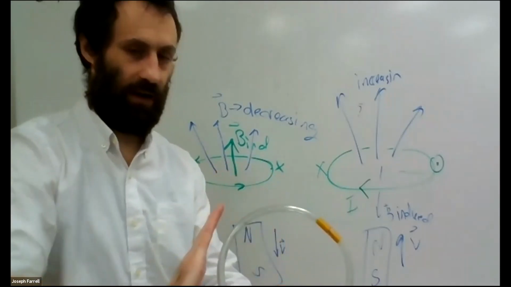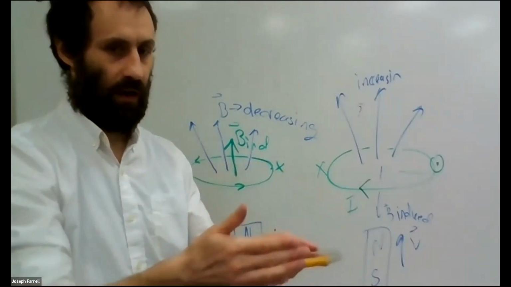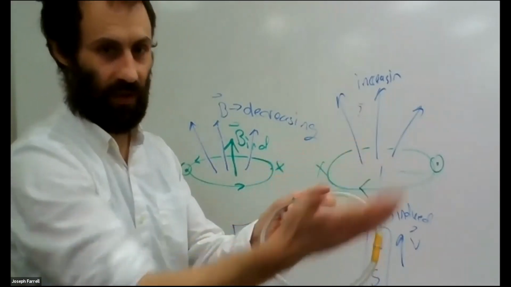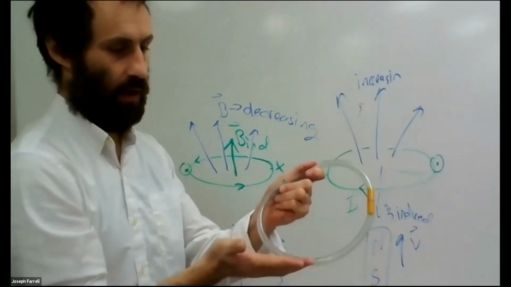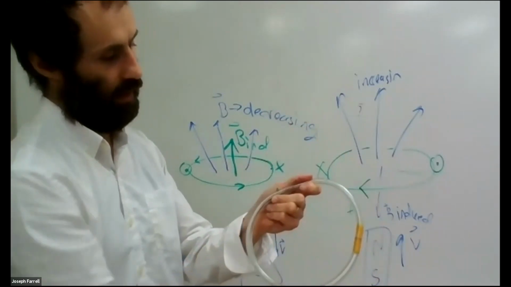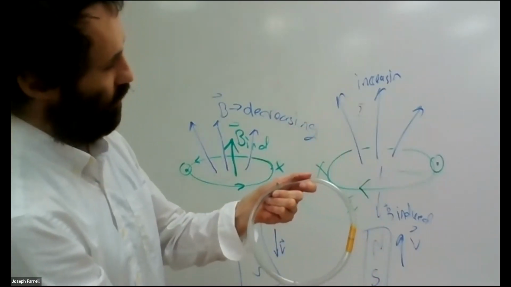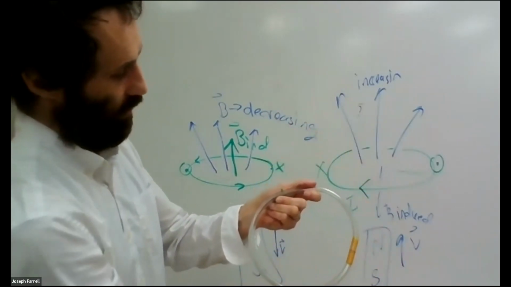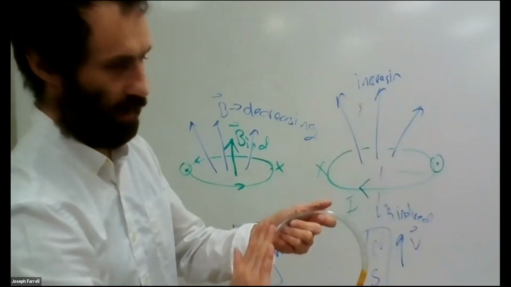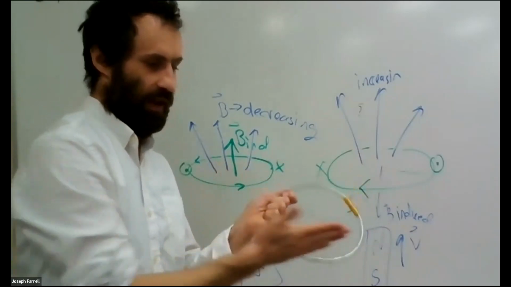If the current is going around like this, then the field in the middle is that way. And if the current's going the other way, counterclockwise here, the field flips. You can use this anytime there's a loop.